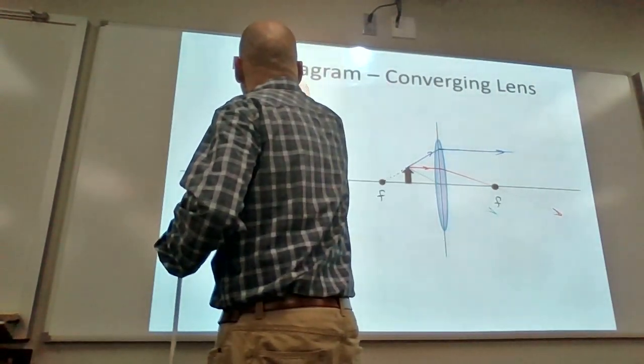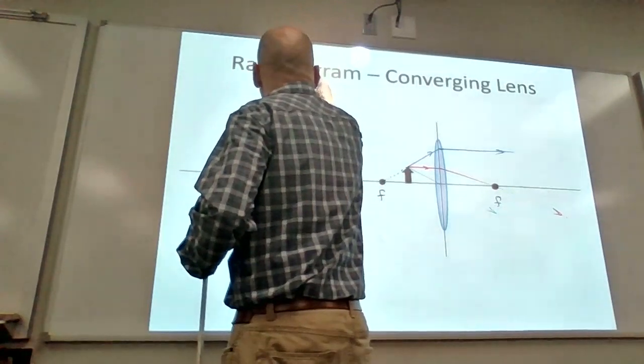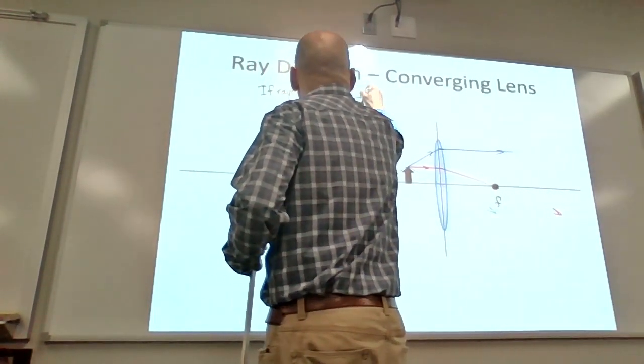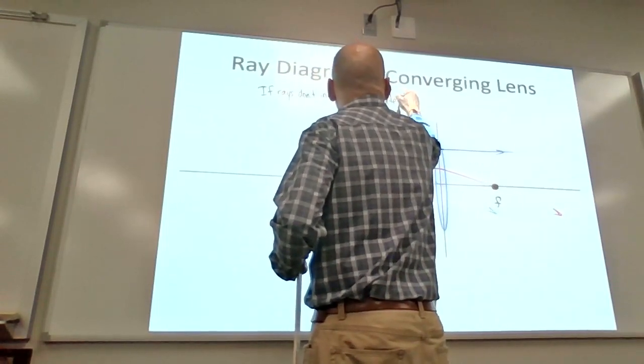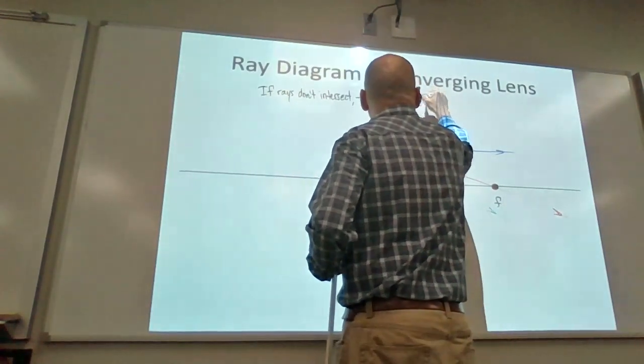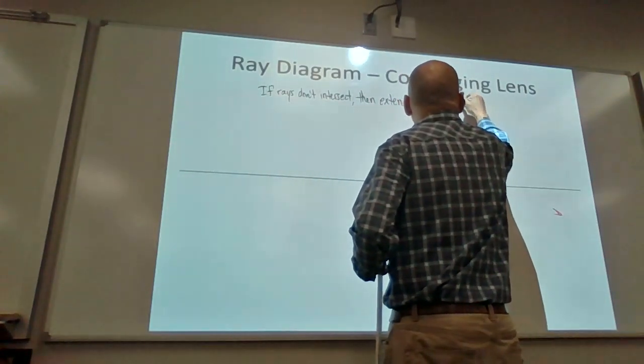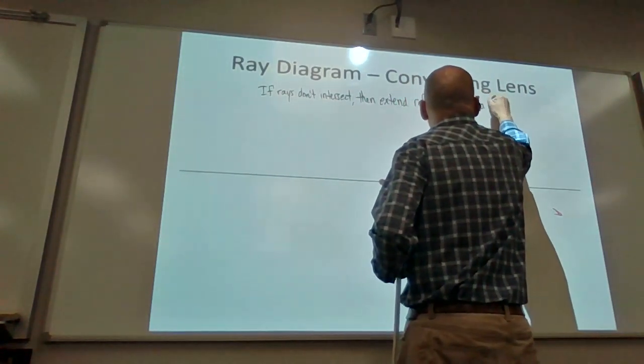If rays don't intersect, then extend refracted rays backwards.